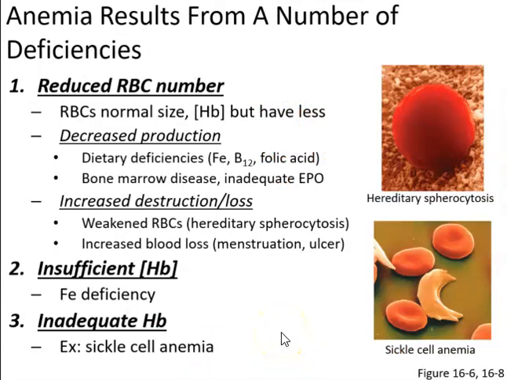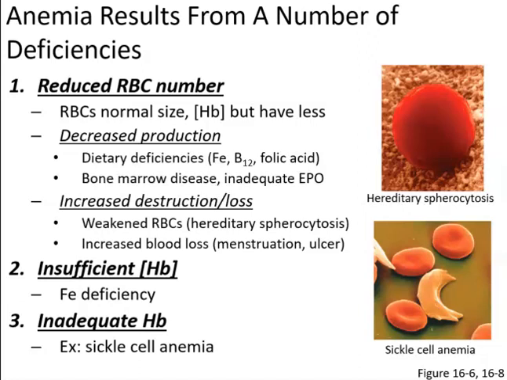With anemia, there could be a reduced number of red blood cells. The red blood cells may be normal in size, with normal hemoglobin concentration, just fewer of them.